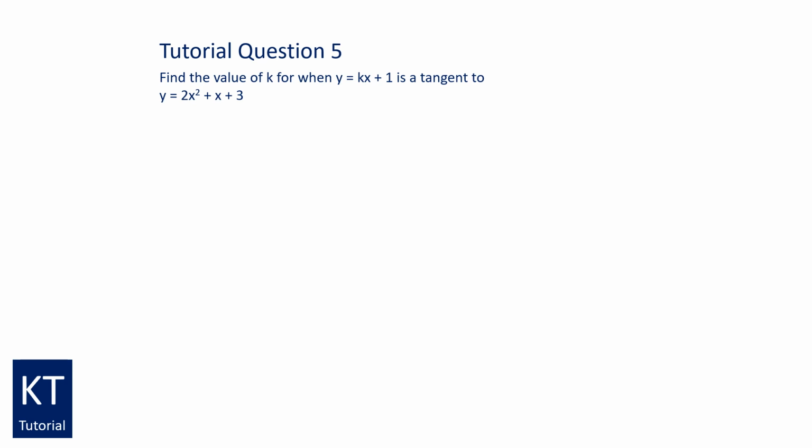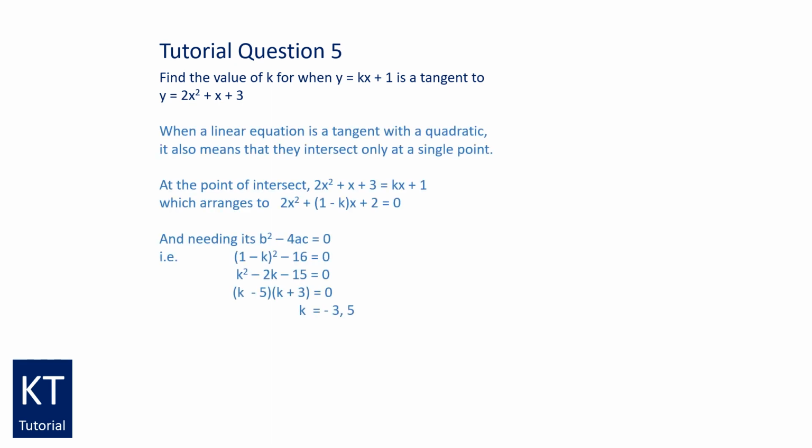To our last and final tutorial question for this video, find the value of k for when y equals kx plus 1 is a tangent to the given quadratic equation. I wish to start off by saying that when a linear equation is a tangent to a quadratic equation, it also means that they intersect only at a single point.